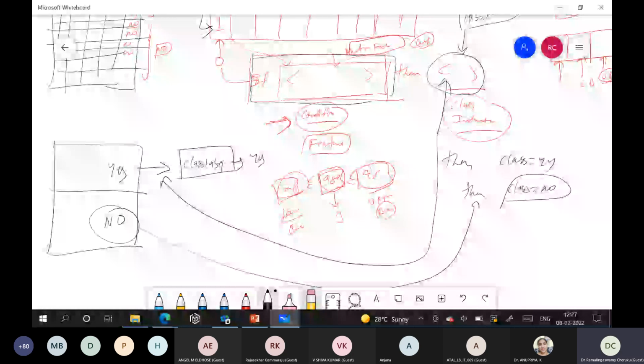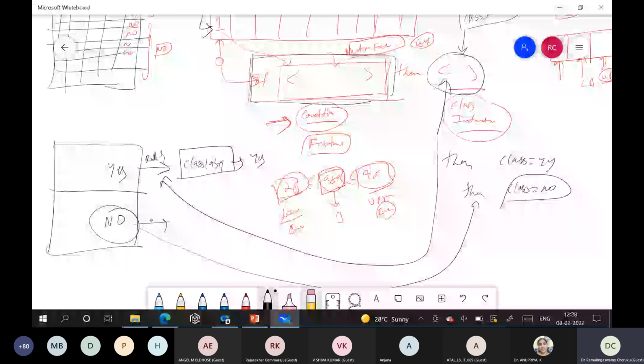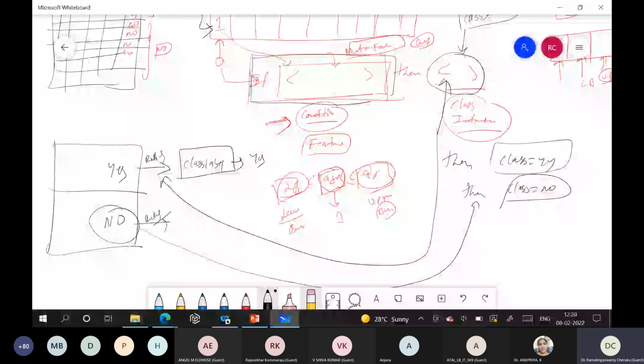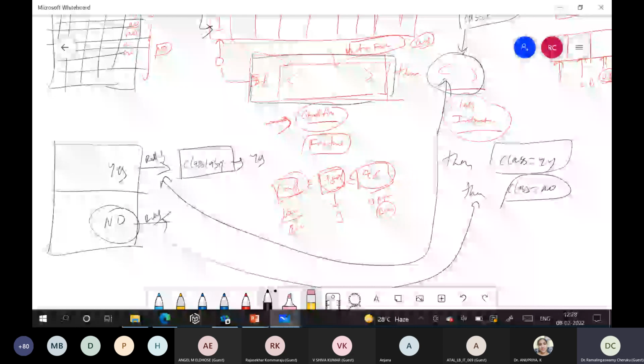If any rule is generated from this yes or no part, the class label of that rule will be the same as the data from which your rule is being generated. Right.